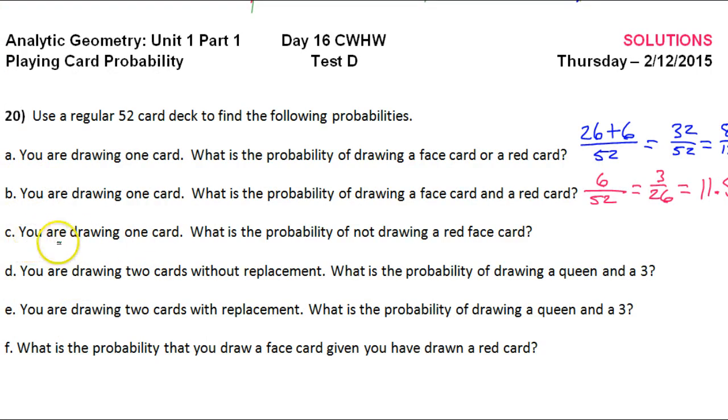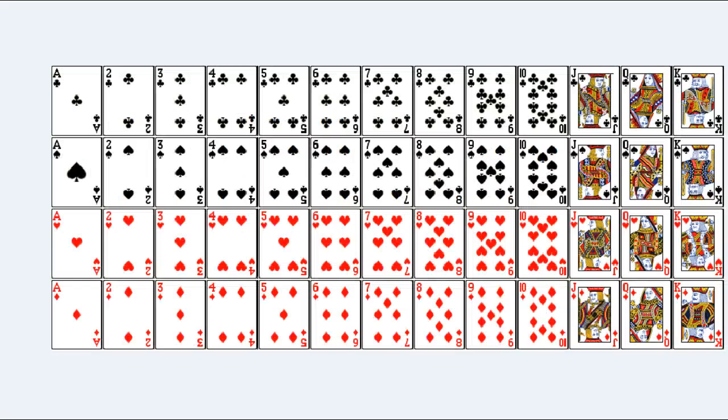Part C, you are drawing one card. What is the probability of not drawing a red face card? So anything but a red face card. So how many red face cards are there? Alright, you see there are 6 red face cards.